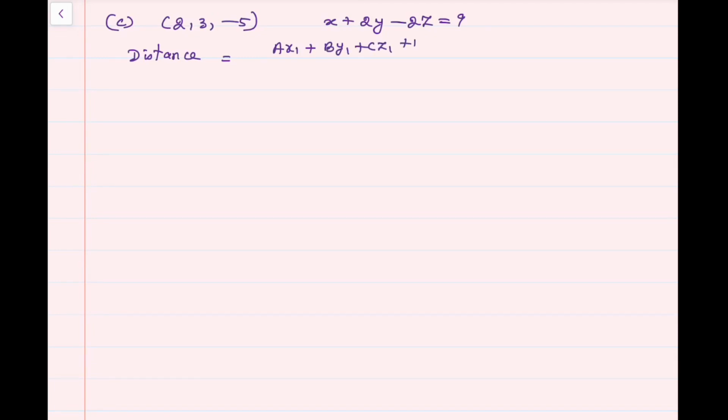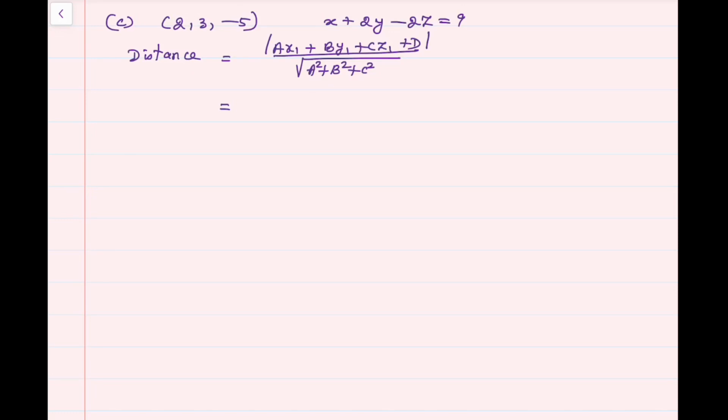C subdivision, the point is 2, 3, minus 5 and the equation is x plus 2y minus 2z is equal to 9. So, same formula, that is the distance of the plane from the point is absolute value of ax1 plus by1 plus cz1 plus d divided by root of a square plus b square plus c square. Distance has to be positive, so don't forget to write the absolute value sign. Substitute the given point in the plane equation.